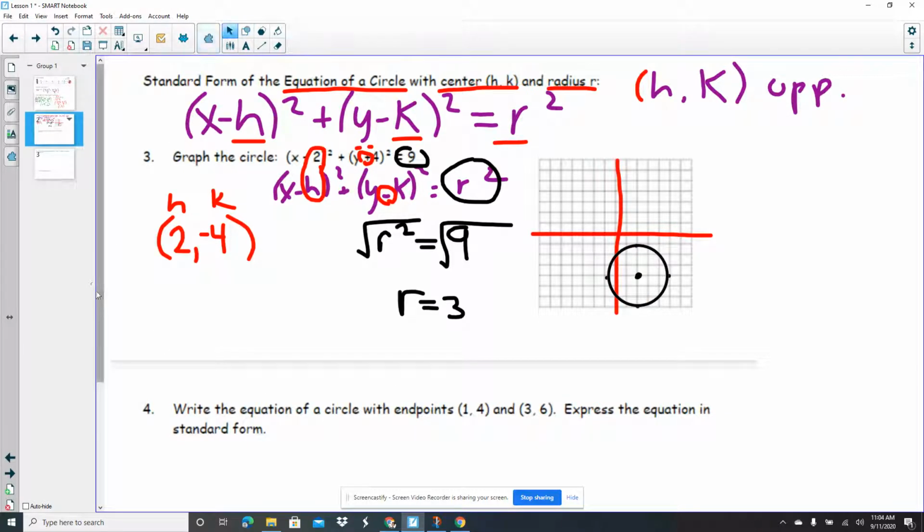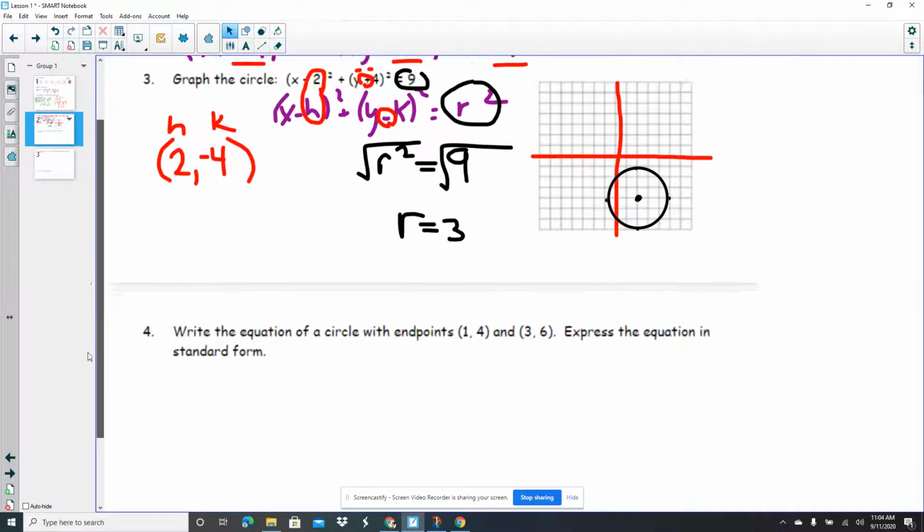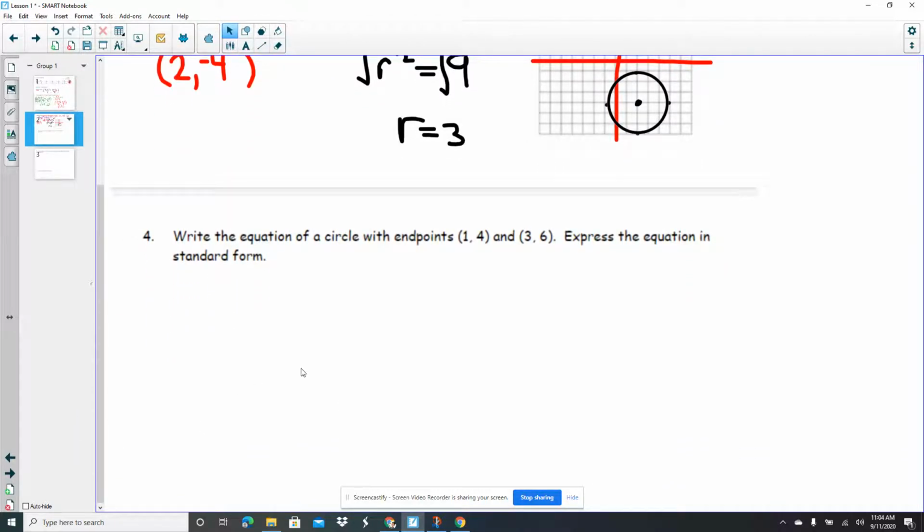All right, let's go on to a little bit of a tougher problem here. I would recommend sketching this out, but we have to write an equation of a circle. So whenever I see equation of a circle, I stop, I process, and I write down the standard form.